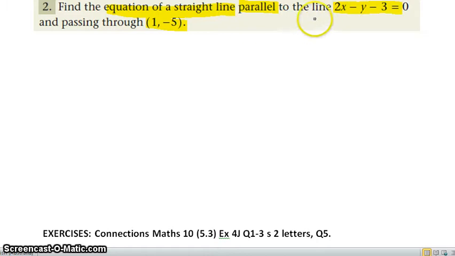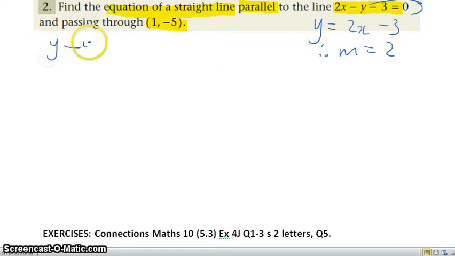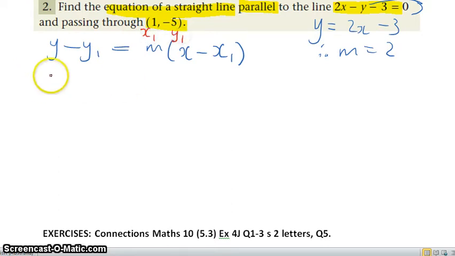With my line here, I'm going to rearrange this so it's y equals mx plus b, just taking the y over there. So m is 2, a gradient and a point, and Bob's your uncle. So y minus y1 equals m times x minus x1. Don't forget, label your point x1, y1.